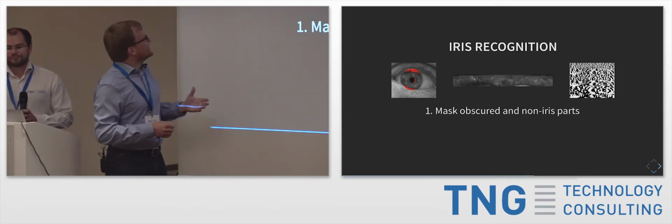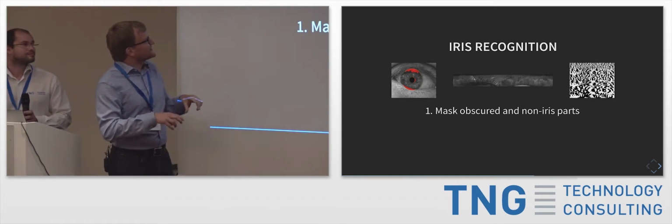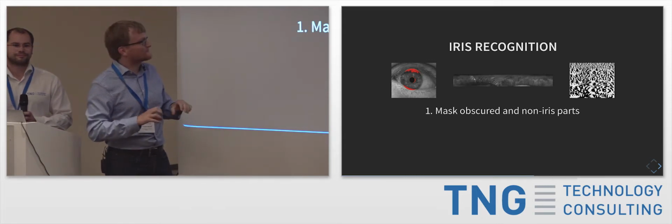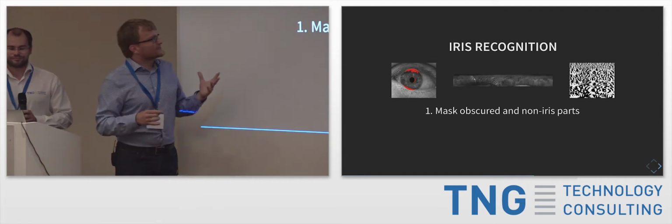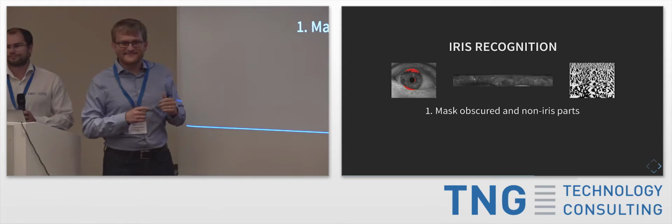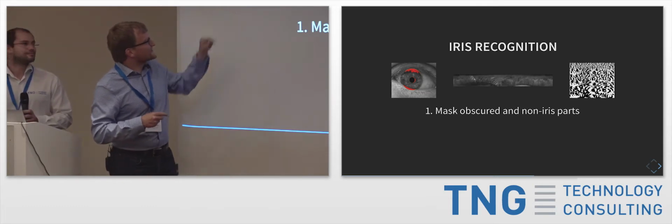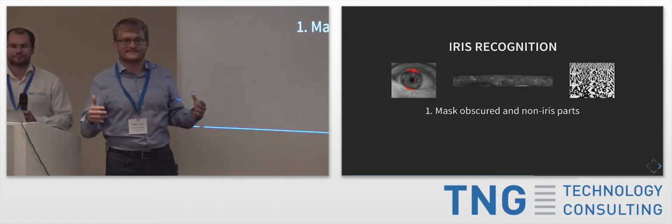Then next, this strip is cut open and projected onto a normalized rectangle. This is sometimes called the Daugman rubber sheet method, I believe. But really, all it is is a projection from this ring onto a rectangle of standard size.